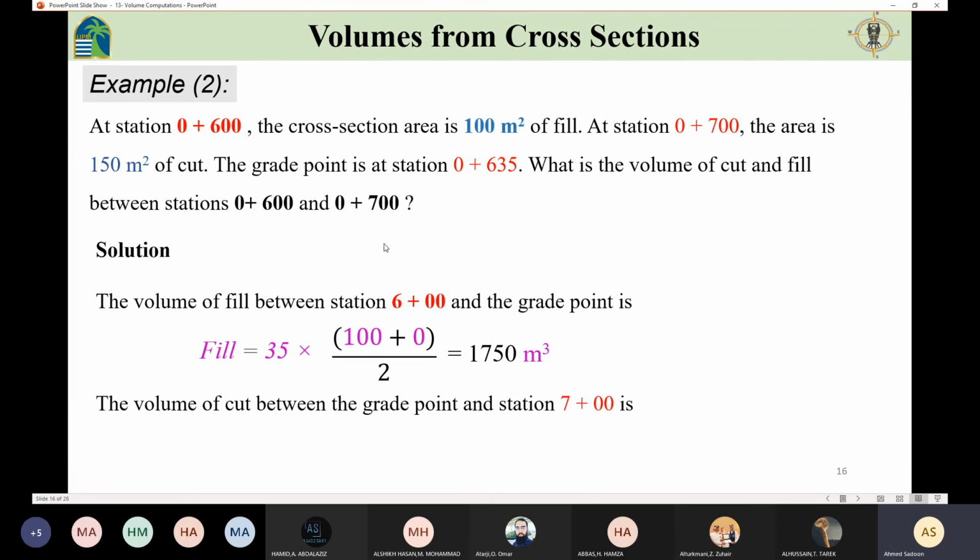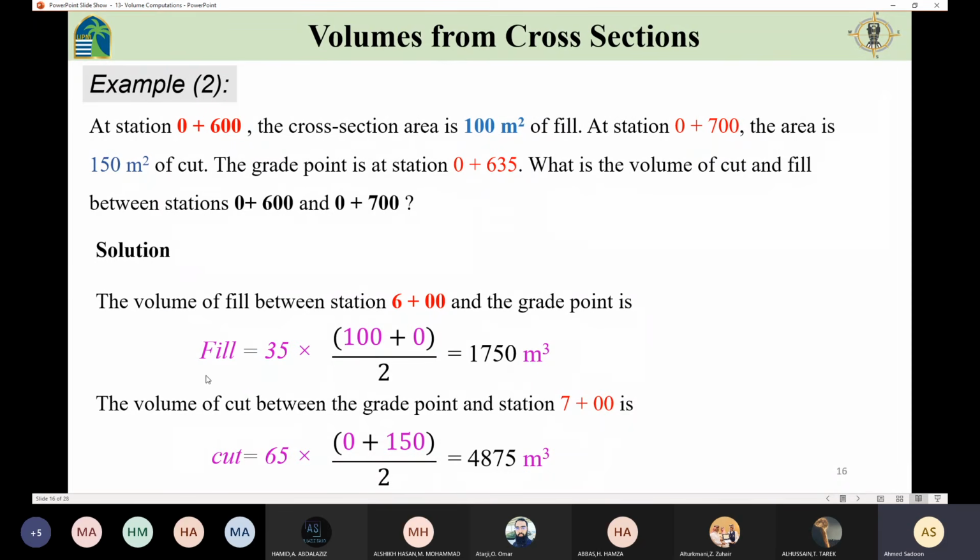I also need to know the distance between the grade point and this station. It's going to be this one minus that one. Okay, so the volume for the cut is going to be 65 times 0 plus 150 over 2.